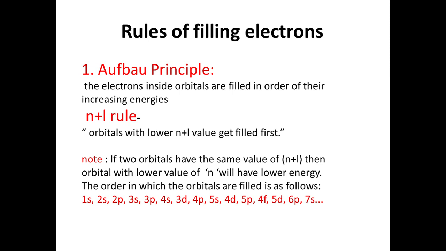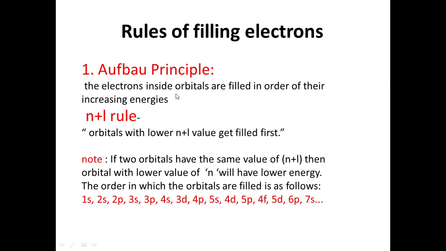But it is better explained by the n plus l rule. It is another rule, but some books include this n plus l rule in the Aufbau principle because it is basic and good in explanation. Orbitals with the lower n plus l value get filled first. Why? Because an orbital with lower n plus l has less energy.